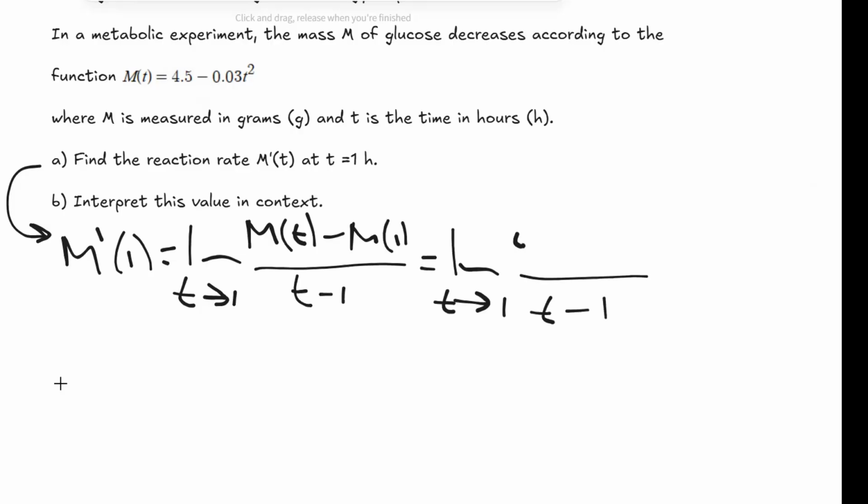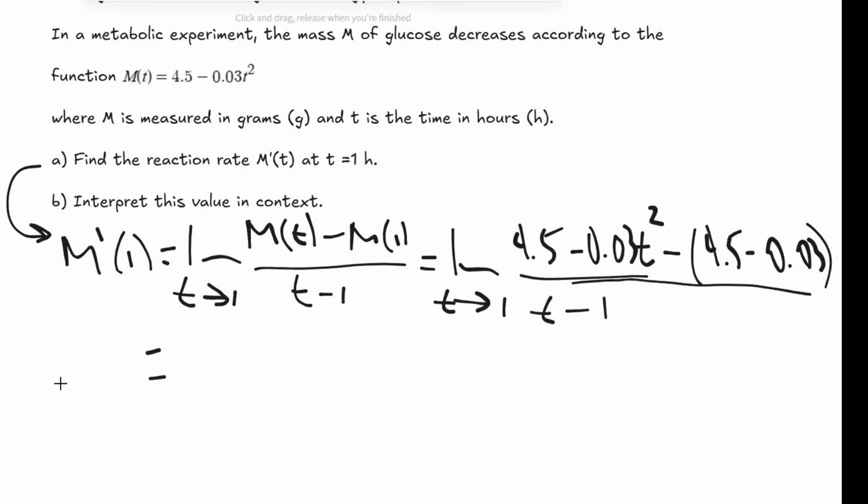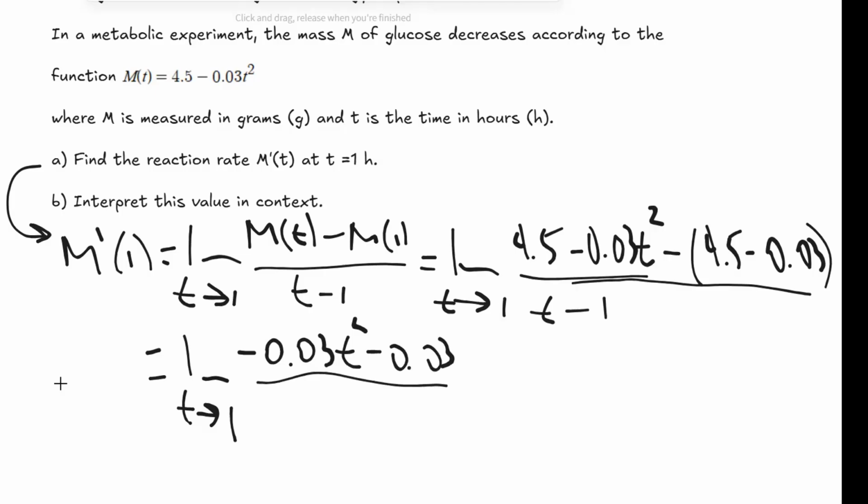M of t is 4.5 minus 0.03 t squared. And then if I plug 1 in, I would have 4.5 minus 0.03. Combining like terms, negative 0.03 t squared minus 0.03 over t minus 1.